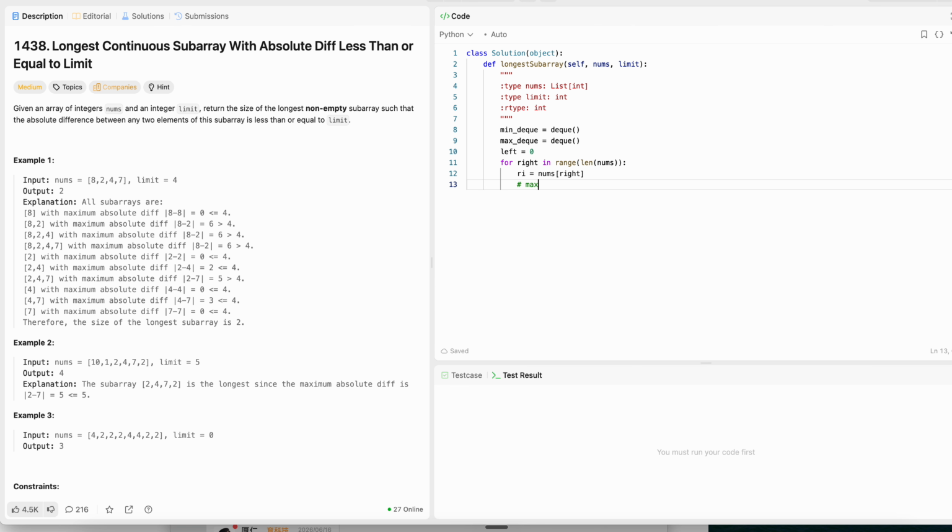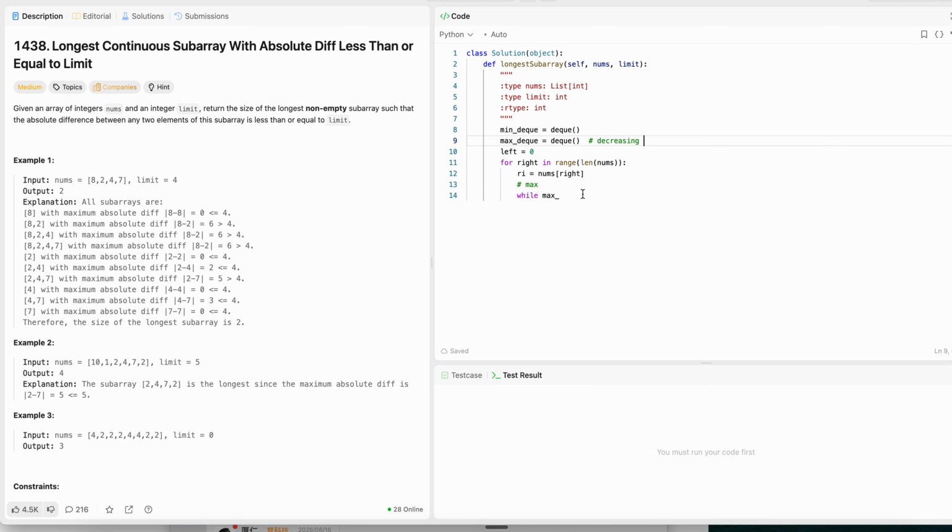For the max deque, the max deque is supposed to be a decreasing monotonic deque.